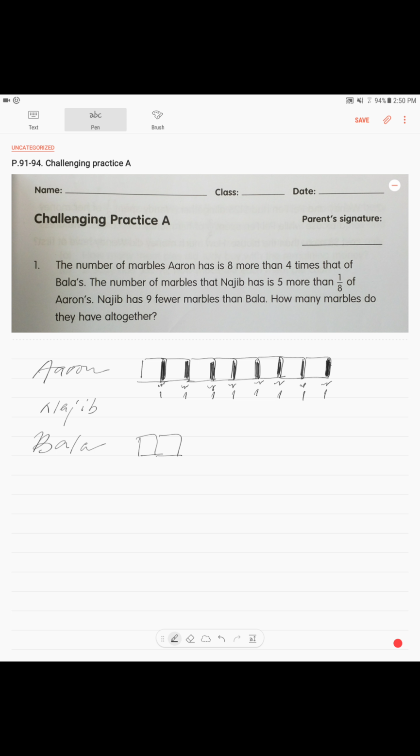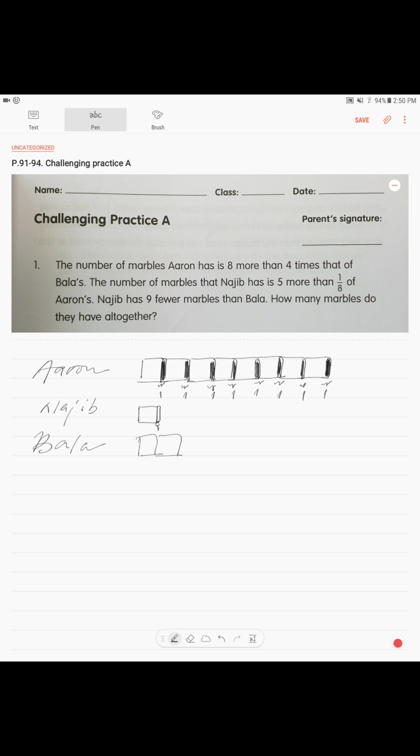Okay. Now read the next sentence. The number of marbles that Najib has is 5 more than 1/8 of Aaron. So this is 1/8 of Aaron. Why did I break it down like this? So we can separate this part. 1/8 of Aaron is 1 unit, plus this 1.